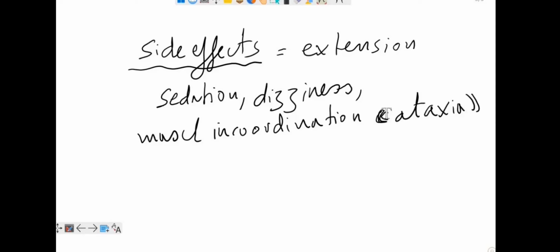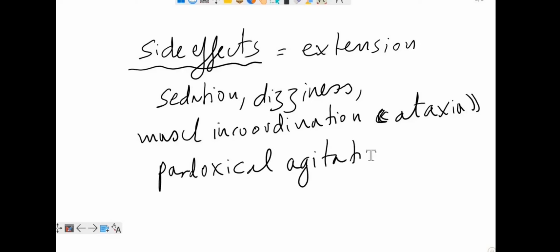They can produce paradoxical agitation, and this is a problem. Paradoxical agitation, where the patient will become hostile and aggressive in his behavior. Usually, this is more when it is taken with alcohol.